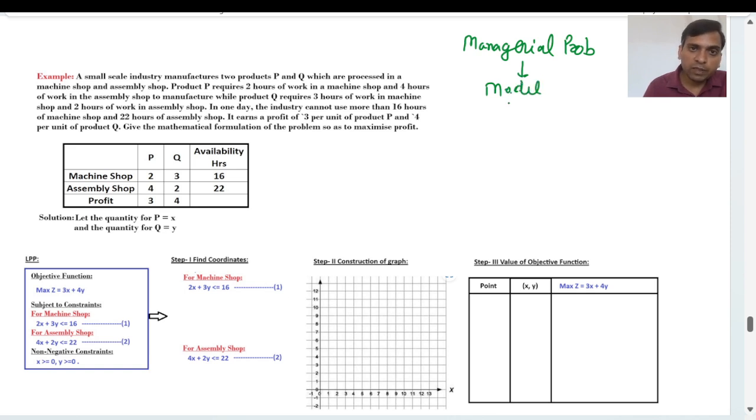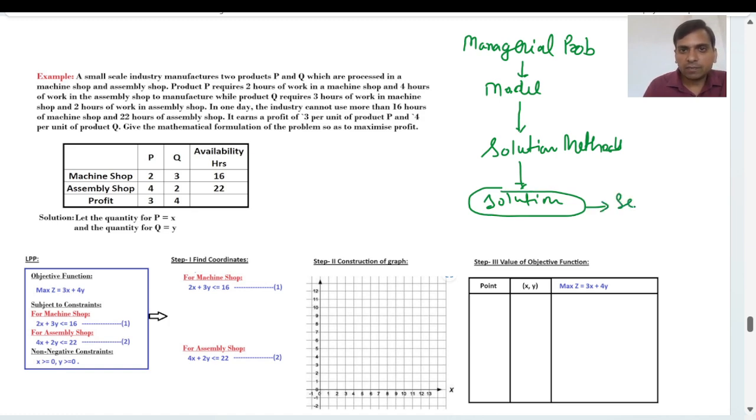So first we will build the model and then we will apply solution methods, and then find solutions. And after finding the solution, we will apply sensitivity analysis. And sensitivity analysis is to analyze the impact of each variable.